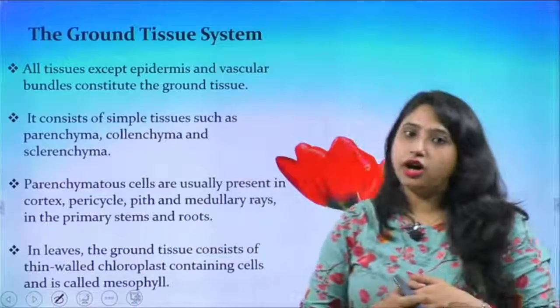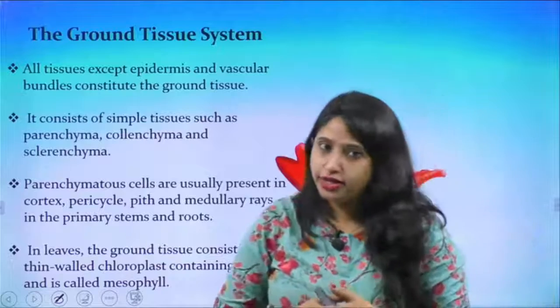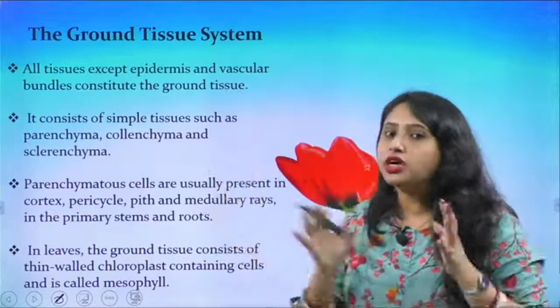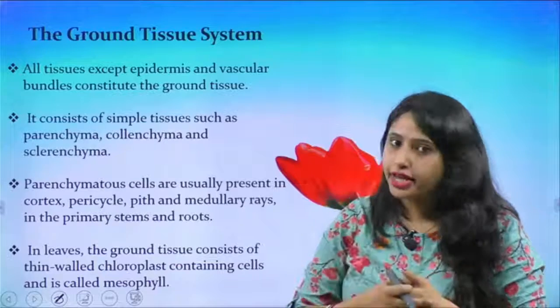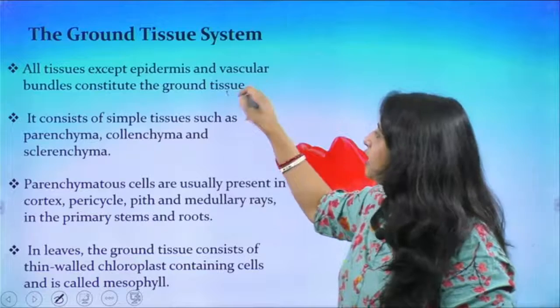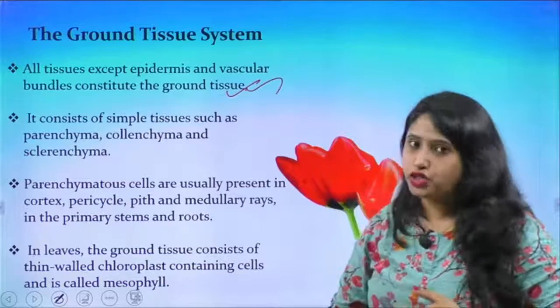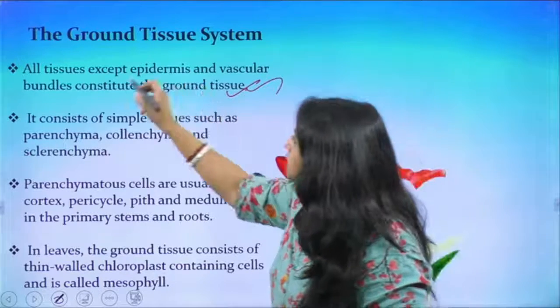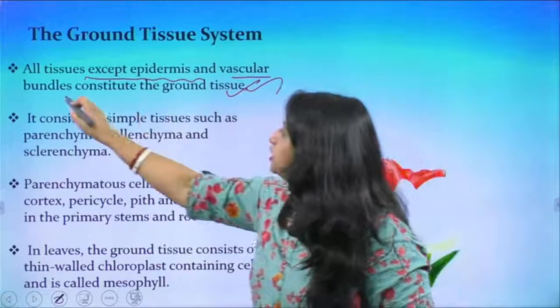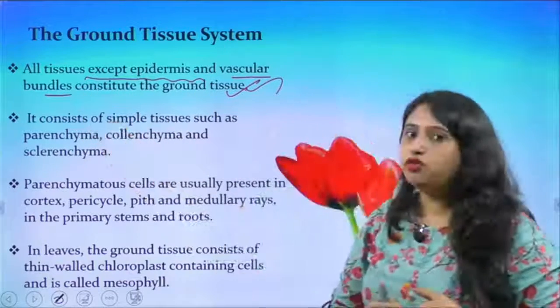And the last tissue for today is the ground tissue system. Another tissue is the vascular tissue system, which we'll cover in the next class. All the tissues except the epidermis and the vascular bundles constitute the ground tissues.